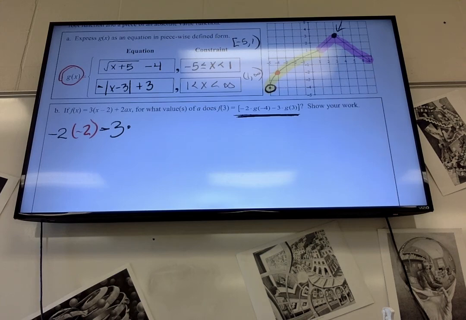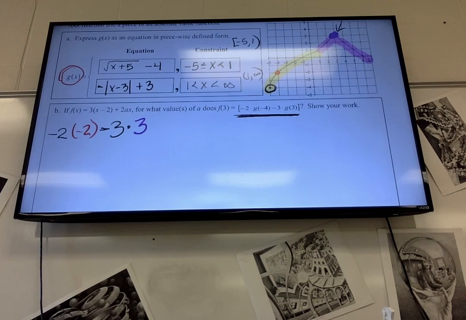So g of positive 3 is right here, which is also at 3. Are we okay? Okay.